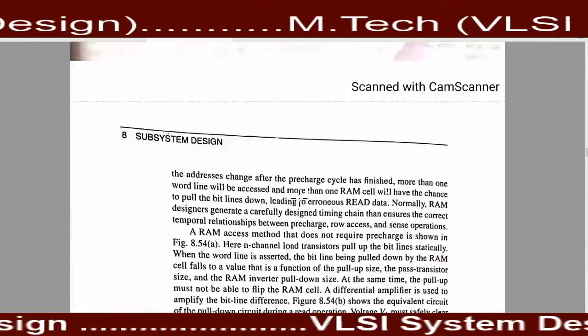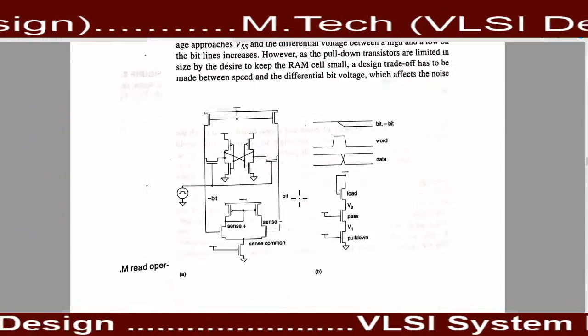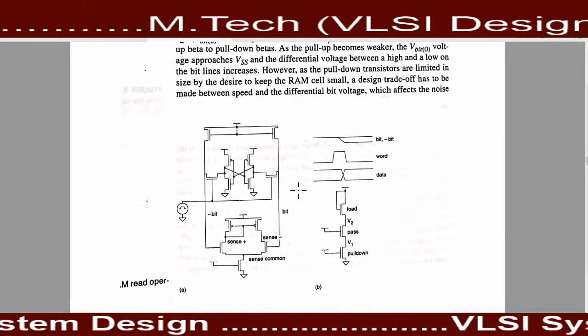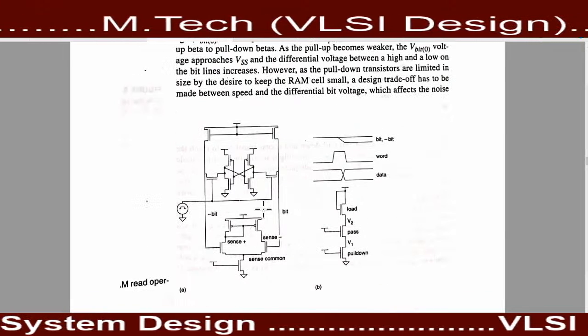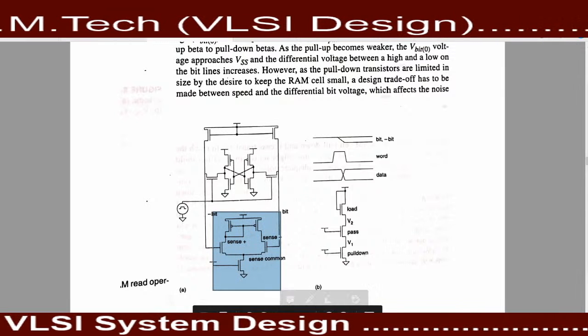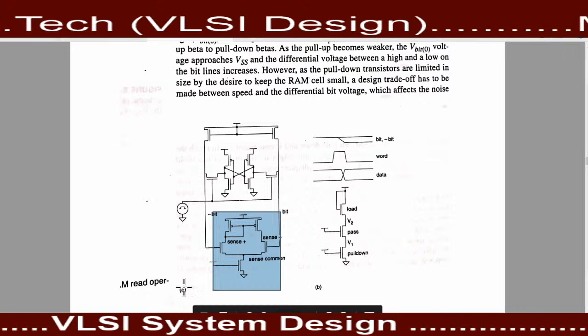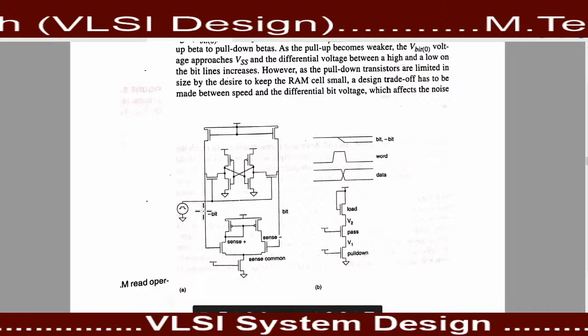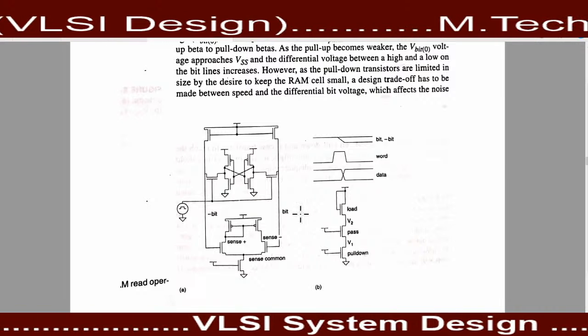So these are all about the reading operation and writing operation of SRAM. Here one sense amplifier is presented. A sense amplifier is nothing but an amplifier that is responsible for the comparison of bit and bit bar.